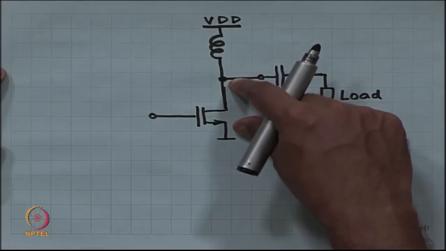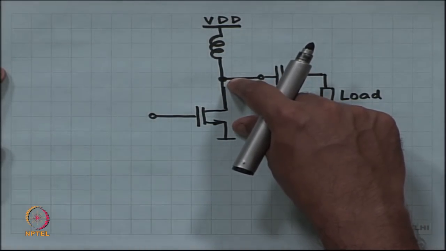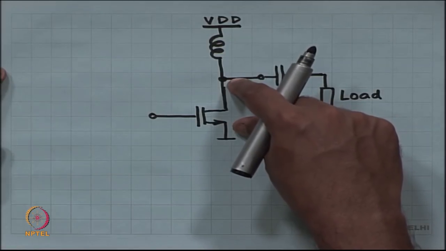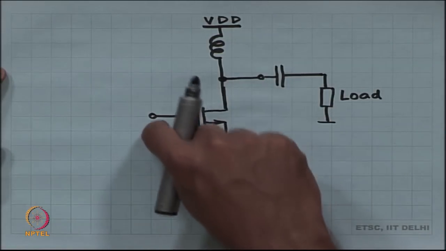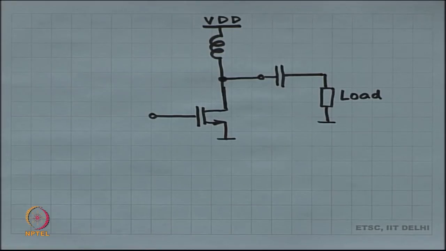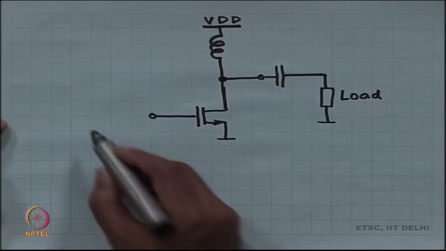VDS is equal to VDD. Okay. VGS, let us come to VGS. So, let us apply VGS such that I get maximum swing. Okay. So, let us apply some VGS, let us not worry about it.